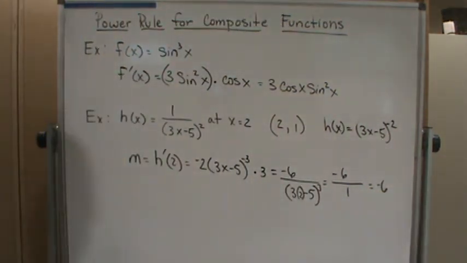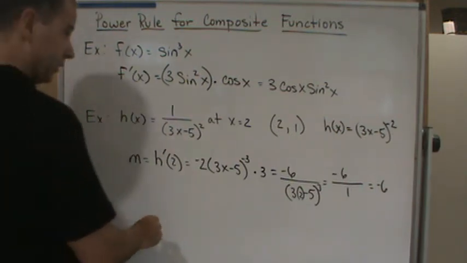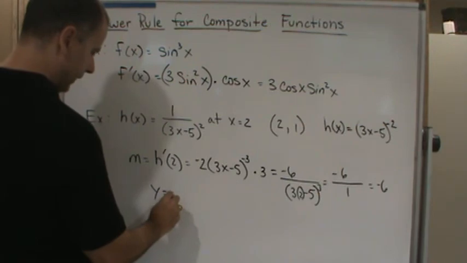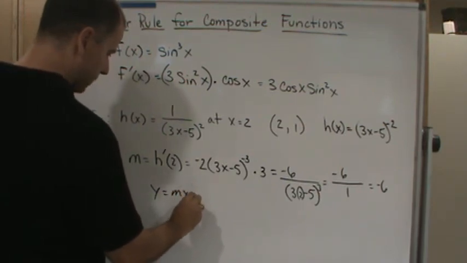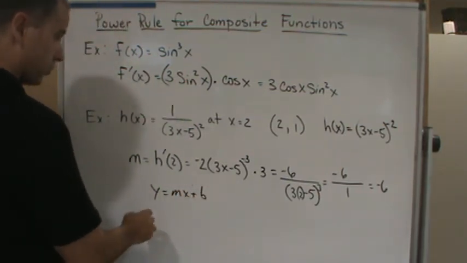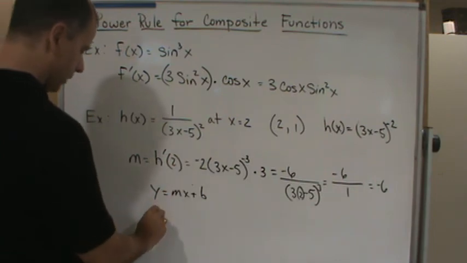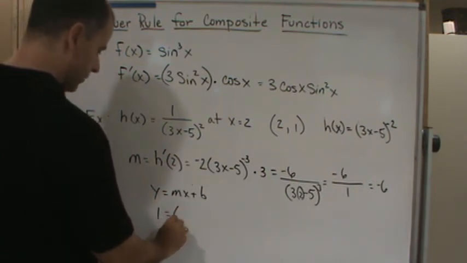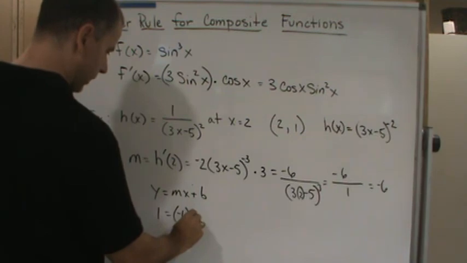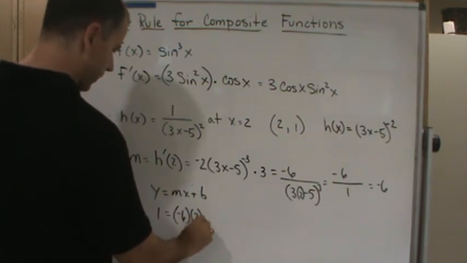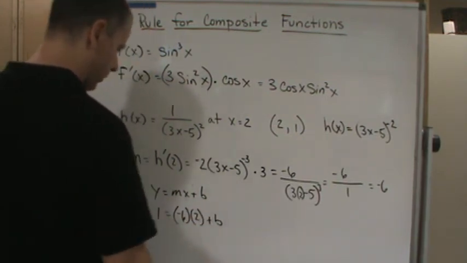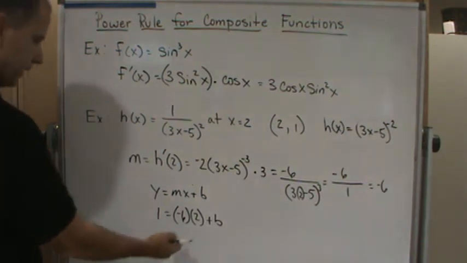Now this is just algebra. It's y equals mx plus b. Of course, y is 1, the slope is negative 6, x is 2, and we're looking for the y-intercept. So this is going to be negative 12.